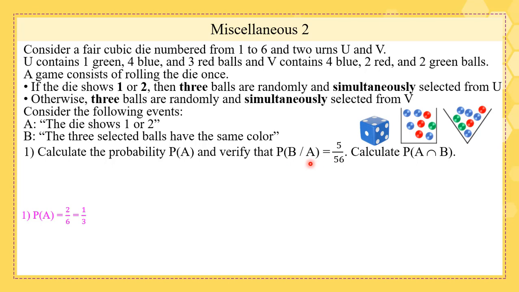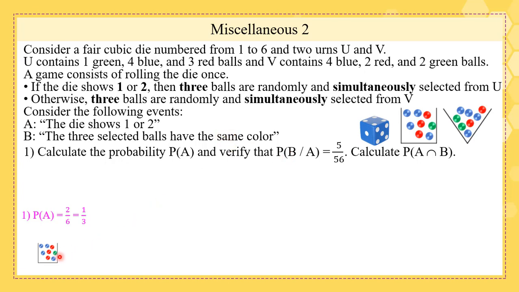This is again conditional probability. We have to respect A first. So the die shows 1 or 2, and according to the story, if the die shows 1 or 2, we need to select 3 balls simultaneously from U. So by now our universe is U only. And from this new universe, we need to find the probability of B. We need to select 3 balls having the same color.